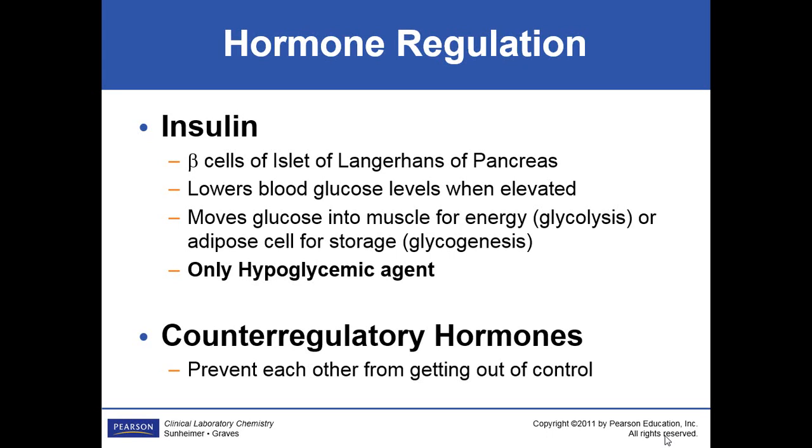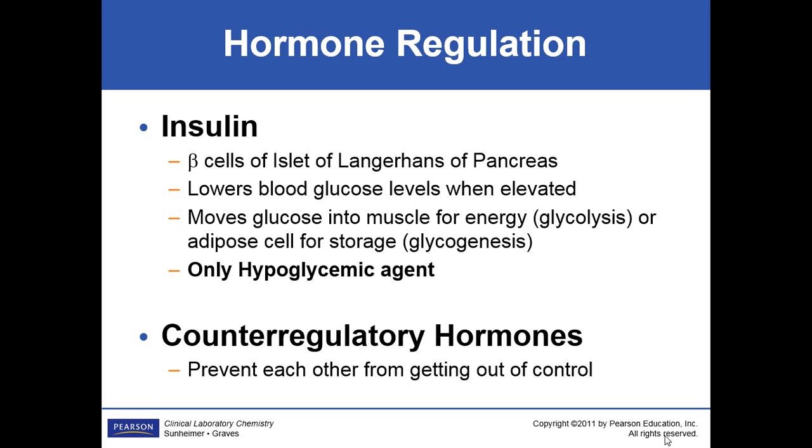So insulin causes glycolysis, but it also can cause you to store it. It's kind of like the determinant. If you need glucose or if you don't, you're going to store it. It is the only hypoglycemic agent. I don't want you to get all these terms mixed up. So think in your mind the process.